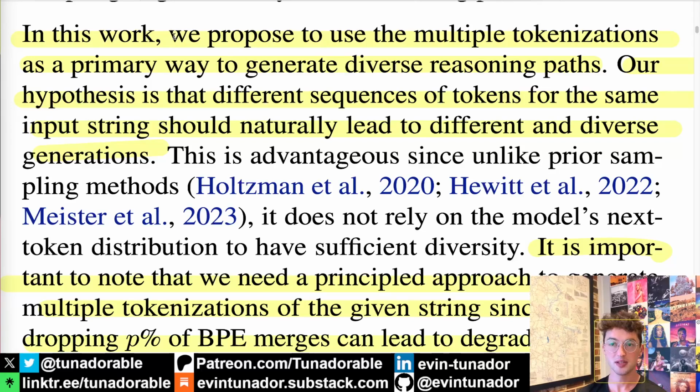In this work, differently, they propose to use multiple tokenizations as a primary way to generate diverse reasoning paths. The hypothesis is that different sequences of tokens for the same input string should naturally lead to different and diverse generations without having to use traditional temperature randomness.